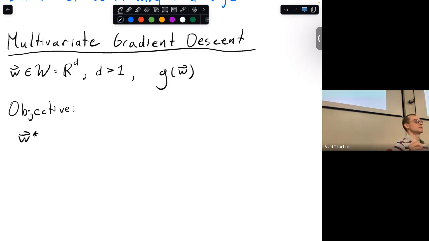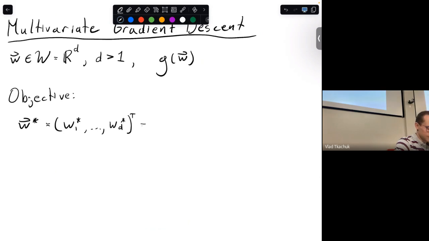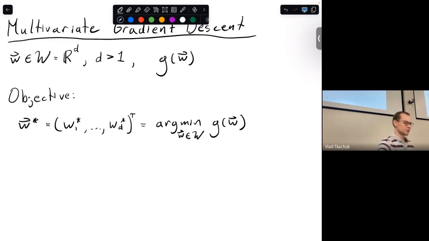Now it's a vector W star, which looks like W1 star, dot dot dot, up to WD star. There are now D dimensions for the vector that we need to solve for. This is the minimum: we want the vector that makes this G of W function the smallest. Same story.